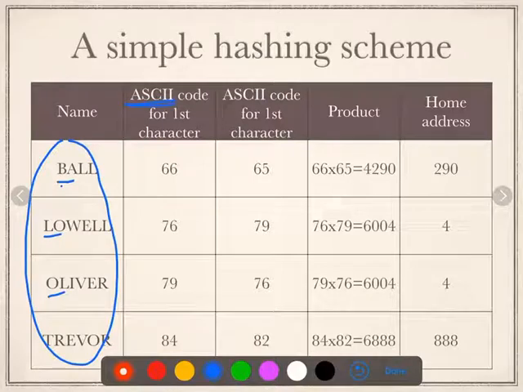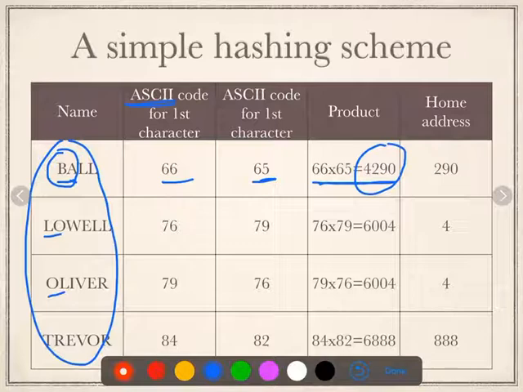The ASCII value for B is 66 and the ASCII value for A is 65 for the first name. So we are going to do a product of these two numbers, and out of that output we are choosing three characters, the last three characters in this case, as the address generated by the hash function. The numbers chosen can be dependent on the available space.